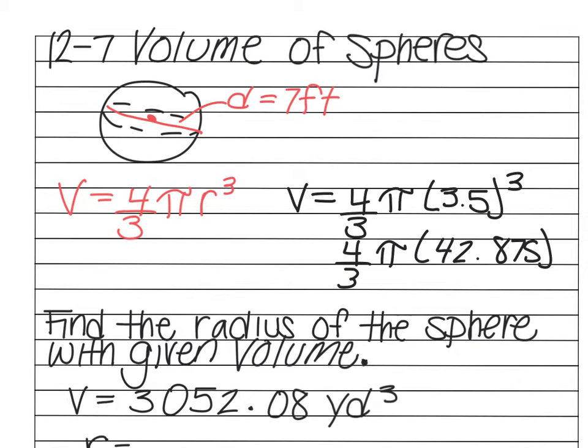And so now we can multiply 42.875 times the 4/3 times the pi, and your final answer would be your volume equaling 179.6 feet cubed, and that would be your final answer for the volume of this particular sphere.